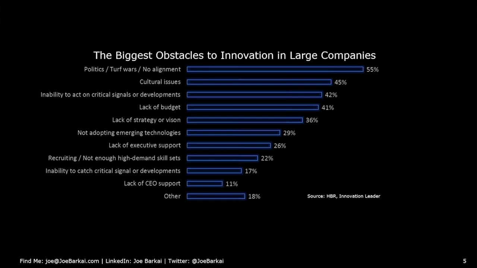And also see how often the failures and the obstacles to innovation are again based on team collaboration or lack thereof. Look at reasons for lagging innovation in terms of cultural issues, inability to understand information, inability to act upon information that was available, lack of executive support, again, because executives don't necessarily see engineering, they see other parts of the product life cycle.